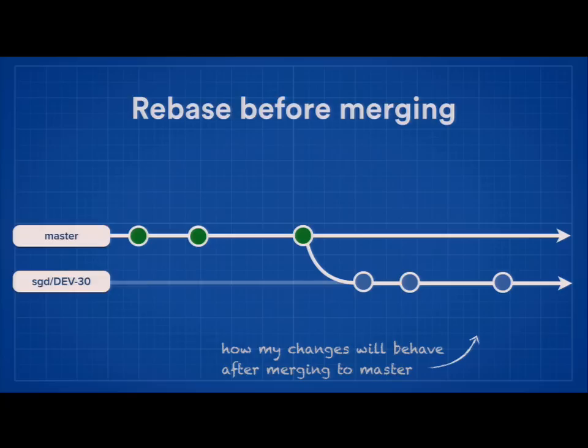Rebasing your branch and then running a CI build on the rebased branch provides a reasonable preview of how the new changes that you made will interact with everything else that's already up on master. So if you're going to go this route, it's a good idea to do it maybe once a day, and for sure do it right before you do your final merge upstream.